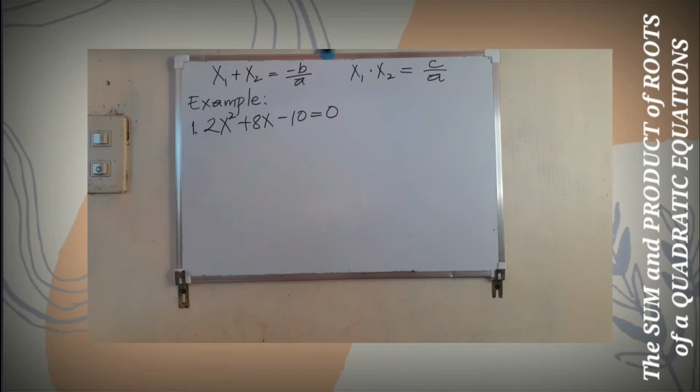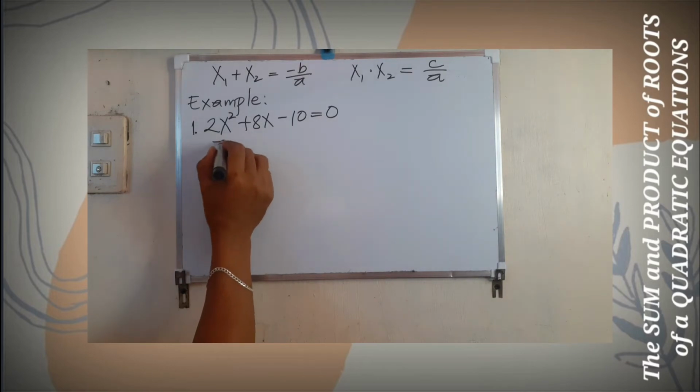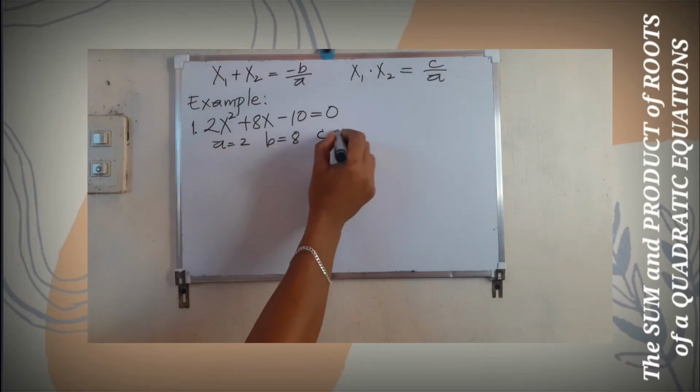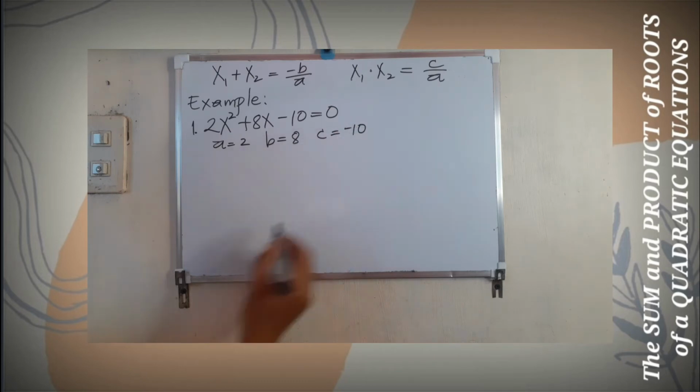So instead of doing the factoring, extracting the square root, completing the square, and doing the quadratic formula, no need. Just follow this. Okay, get the value of a equals 2, b equals 8, c equals negative 10.